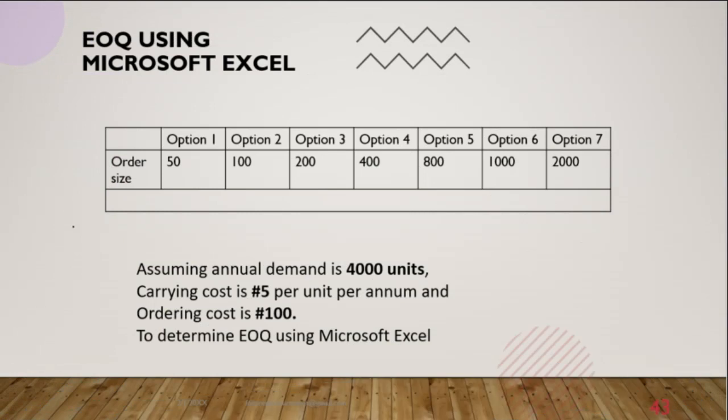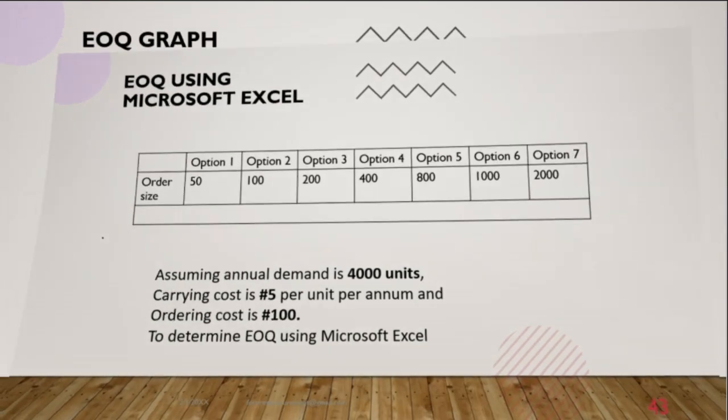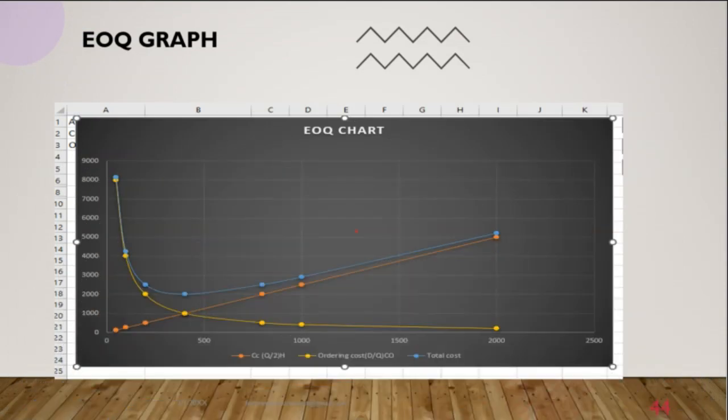Then this is taking a Microsoft Excel explanation of what we have discussed so far. We can still use Excel to derive that. So if you look at the options, place the option just as it is in this slide, then the other size as it is in this slide, and if you plot it on the graph, you will get a graph that will look like this.